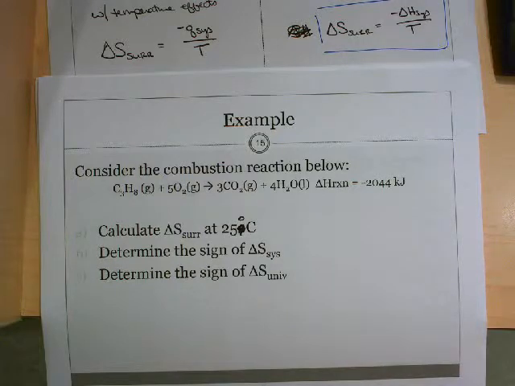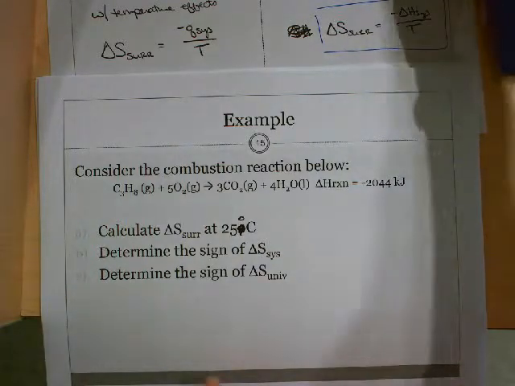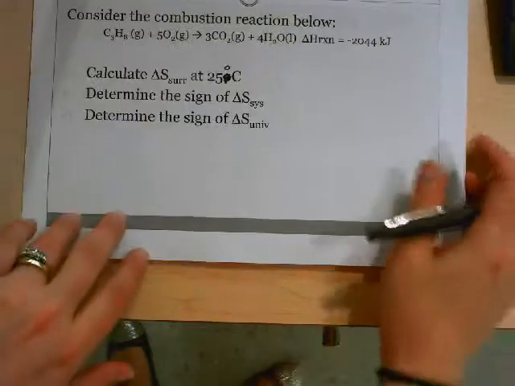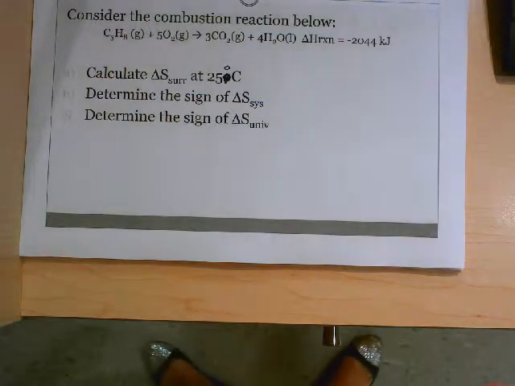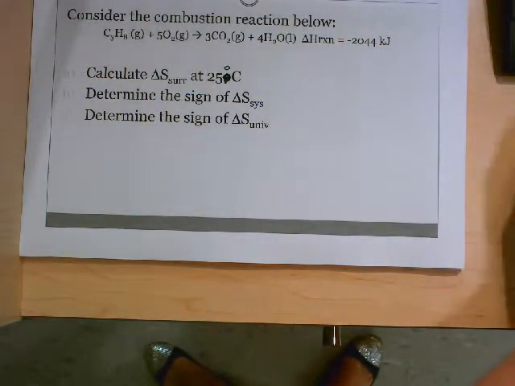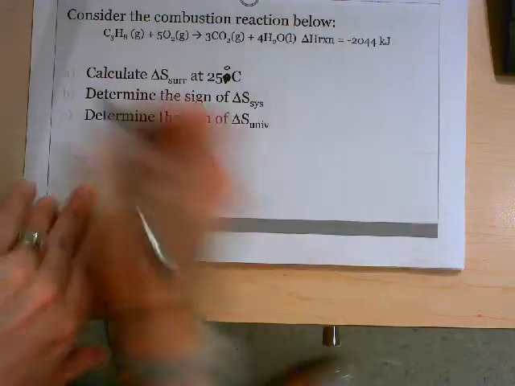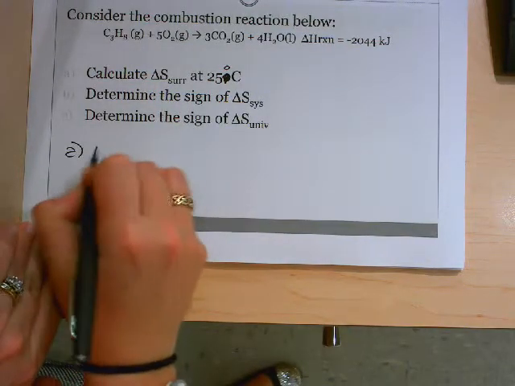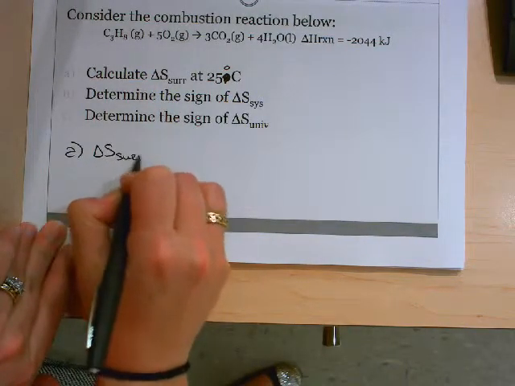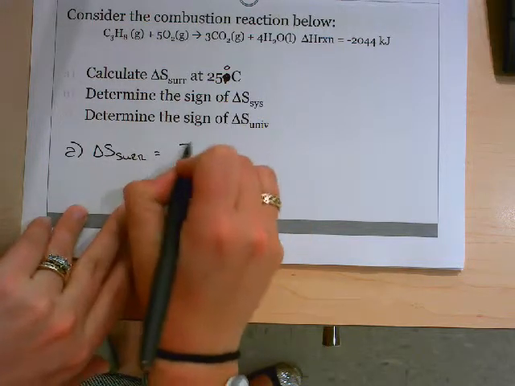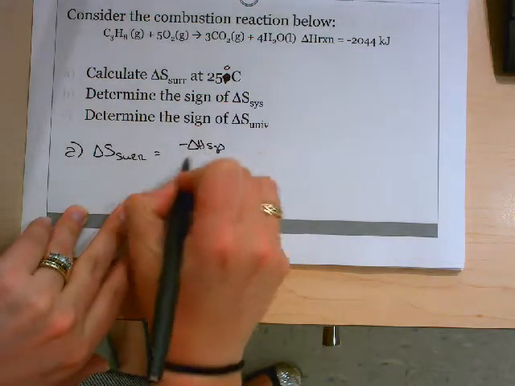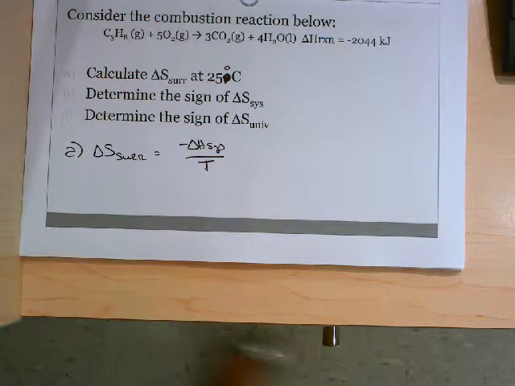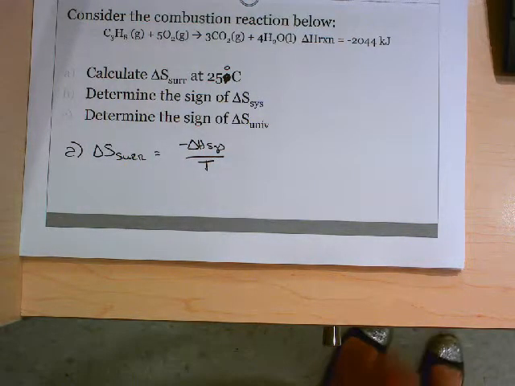First thing I want to do is use my new equation to calculate the delta S of surroundings if I'm at 25 degrees Celsius. Here the PowerPoint looks like 250, so let's see, 25 superscript degrees Celsius. Alright, what is the thing we have to do before we can even start solving the problem?